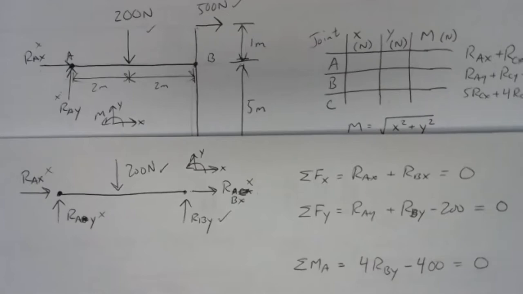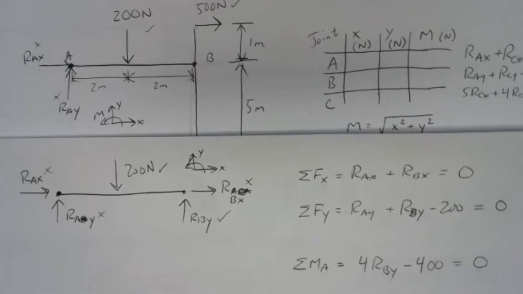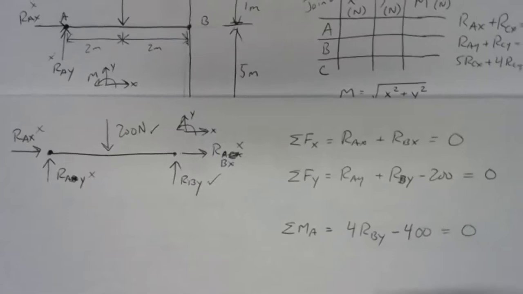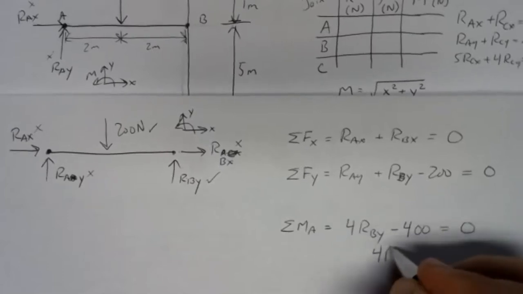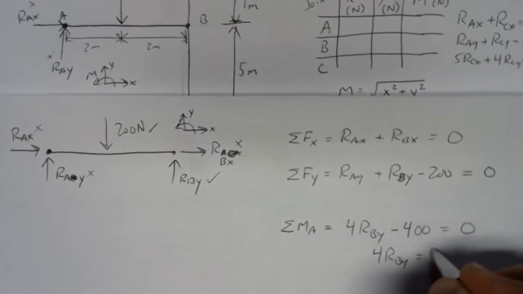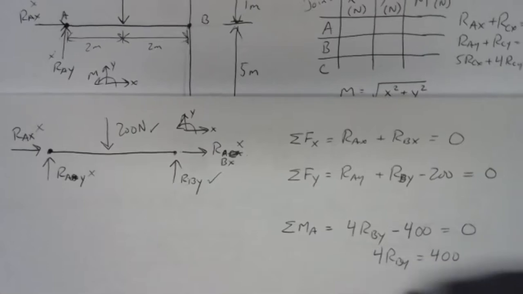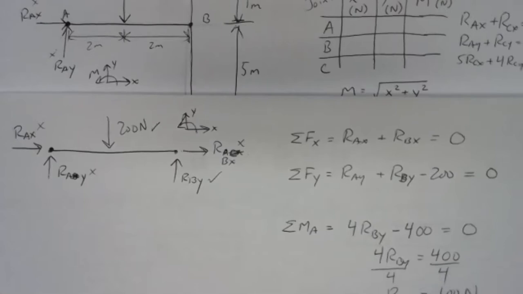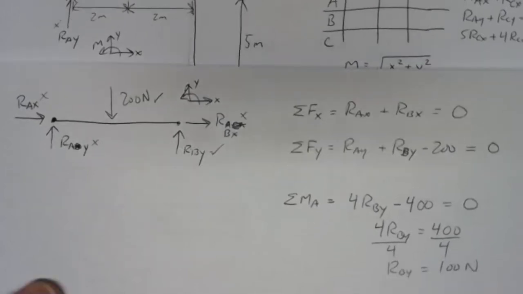And to be in equilibrium, the sum of moments has to be equal to 0. Well, we can solve that. If we add 400 to both sides, we have 4 RBY equals 400. Divide both sides by 4, and RBY is 100, and the units are newtons.